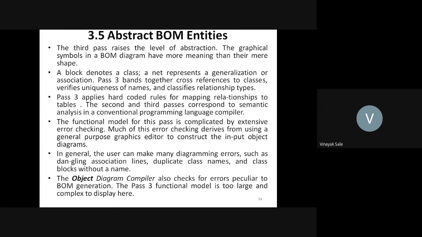The second and third passes correspond to the semantic analysis in a conventional programming language compiler. The functional model for this pass is complicated by extensive error checking. Much of this error checking derives from using a general purpose graphics editor to construct the input object diagrams.